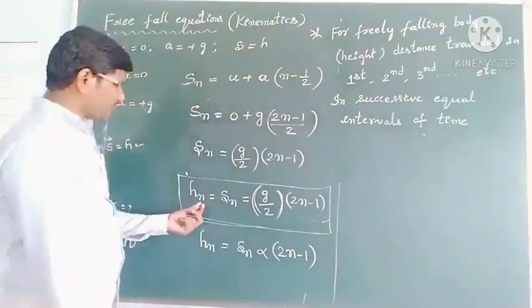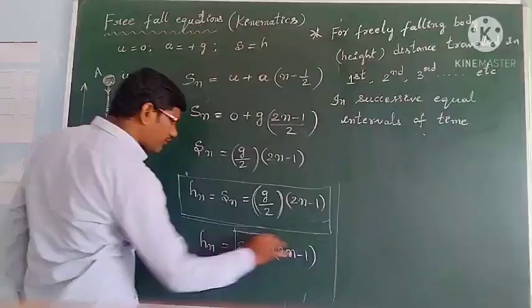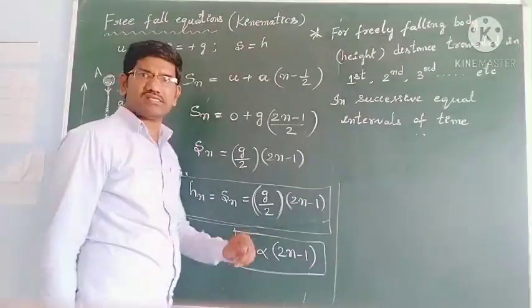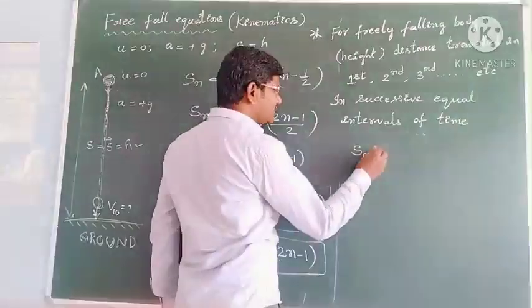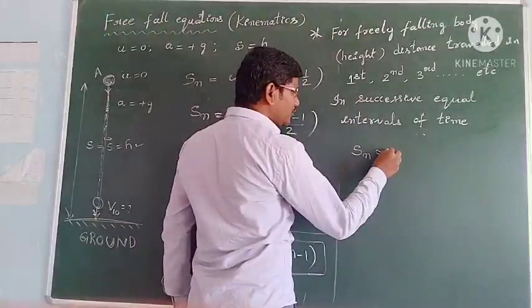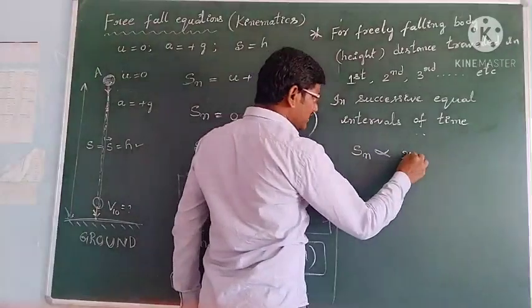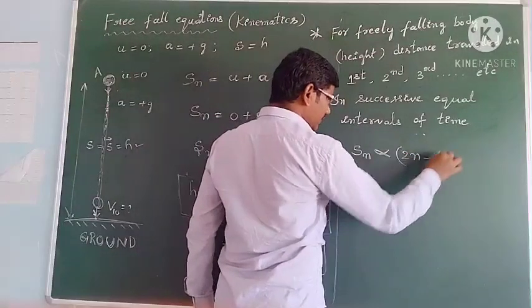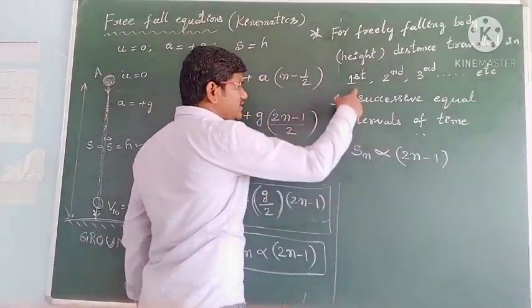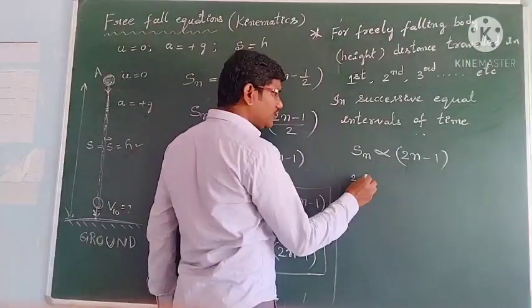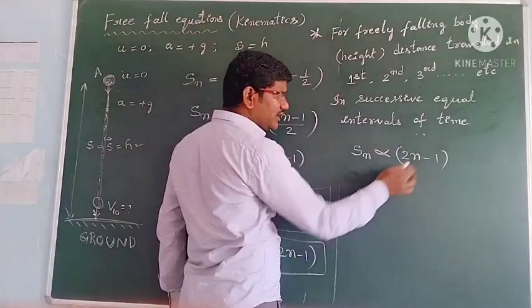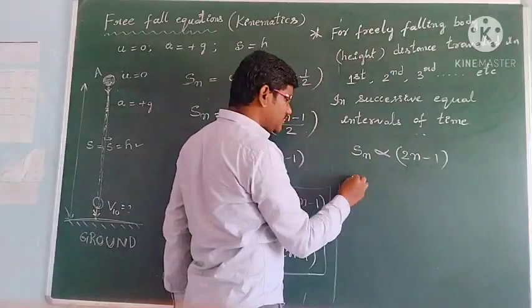So you know that the distance fallen, Sn, is directly proportional to 2n minus 1. So first second means n value 1: 2 into 1 is 2, 2 minus 1 is 1.